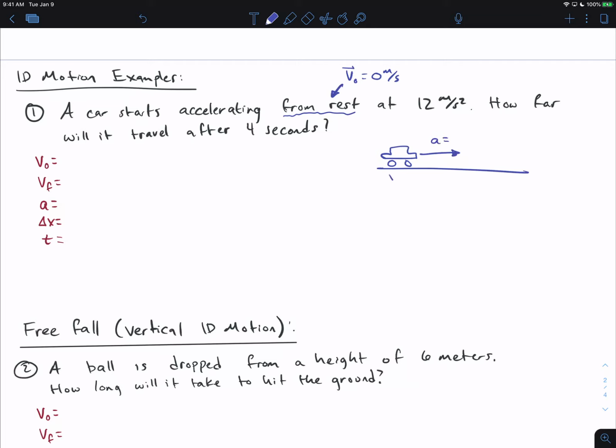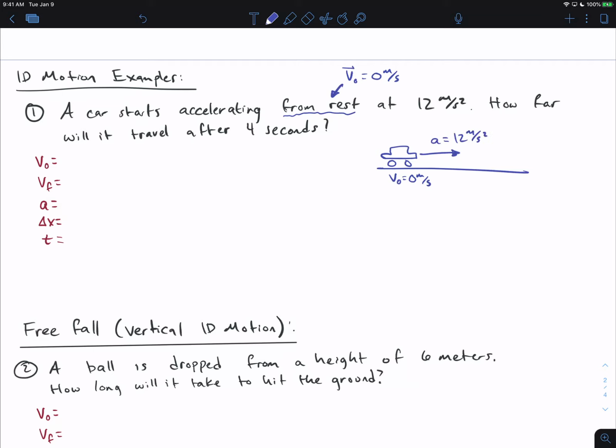Okay, so I can write again here, oh sorry, I wrote in my acceleration there. So I have 0 meters per second, and I have an acceleration of 12 meters per second squared.